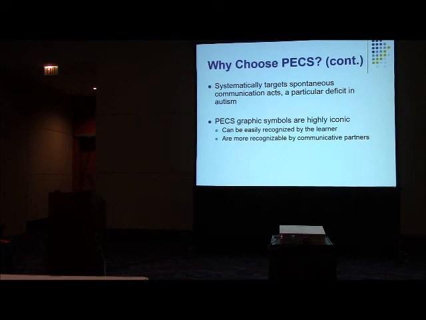Or functionally communicating, especially for those that are more on the severe end. I'm not talking about those that are higher functioning. But it really is one of the deficits, in that they sometimes become passive communicators. So it would be a good place to start with teaching them spontaneous requesting.